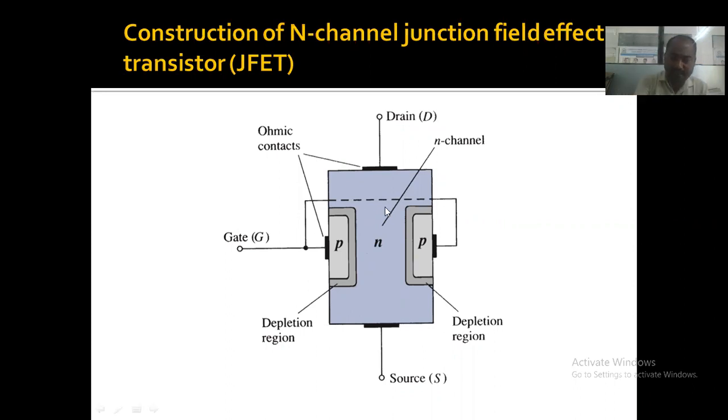Because when the size of the depletion layer increases, it indicates that these two depletion parts are connecting to each other, so the area for this conduction is reduced, right? So to increase the area, it indicates that we require more and more path between this, right? This is the thing with respect to the JFET.